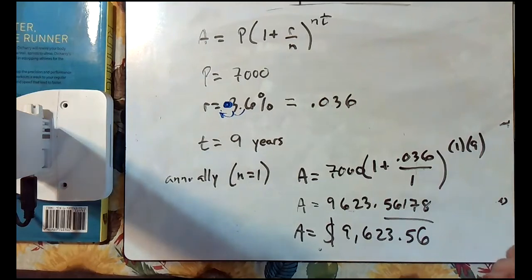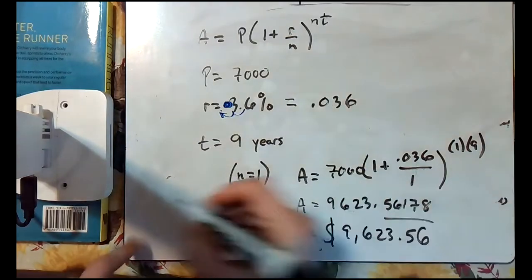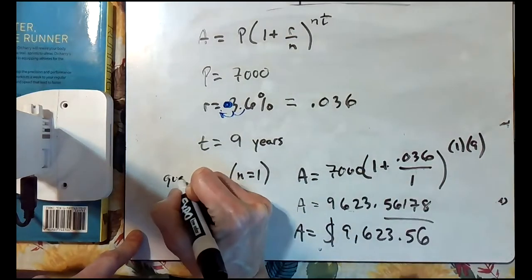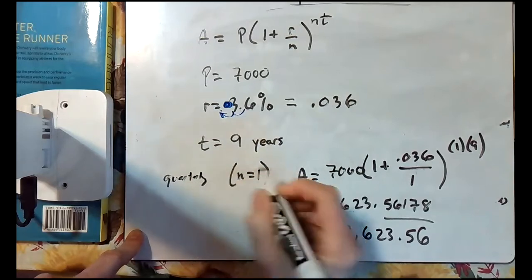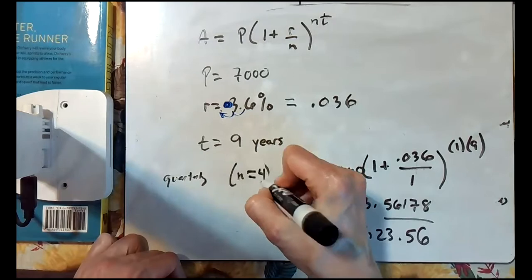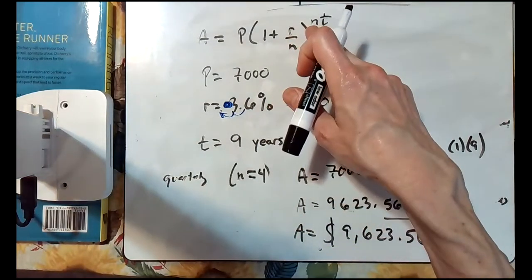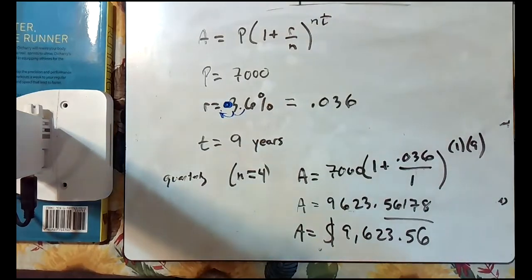Now, what if we did the quarterly problem, right? How would that change the problem? Well, the only thing that changes is the n becomes 4 this time. So literally, the only thing that changes is this becomes a 4 and that becomes a 4. That's it.